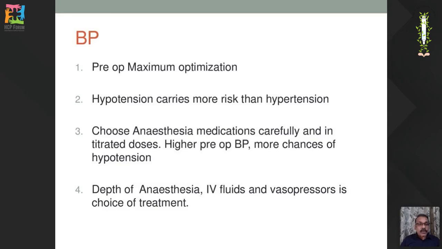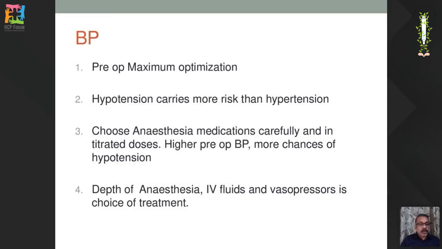And you must know that the higher the blood pressure you see preoperatively, the more prone they are to intraoperative hypotension, because that blood pressure is maintained on a high sympathetic tone, and if you give any anesthetic agent there is vasoplegia and a significant fall, up to 50-60%, if you give liberal doses. Textbooks teach that you need to give propofol 2 to 2.5 milligram per kg because the volume of distribution is high, but most patients hardly require 1 milligram per kg.